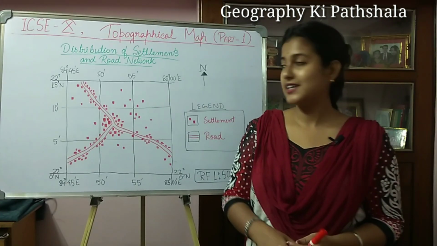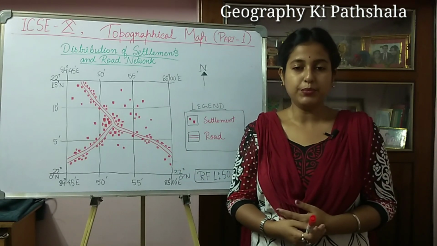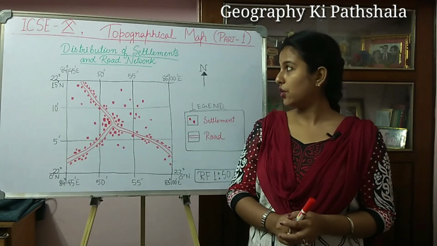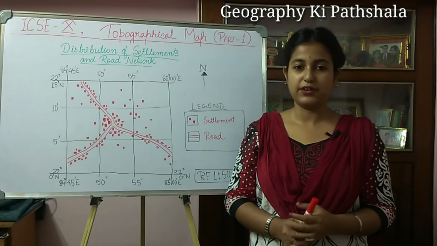So you all can see that I have represented a map over here, and the title of this map is Distribution of Settlements and Road Networks.